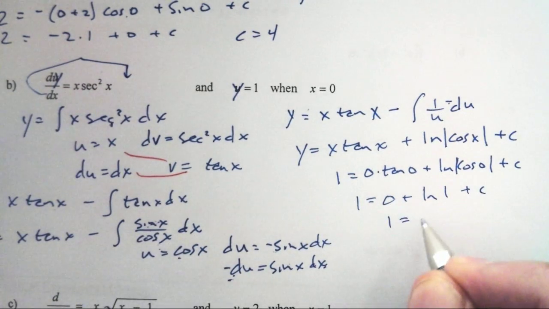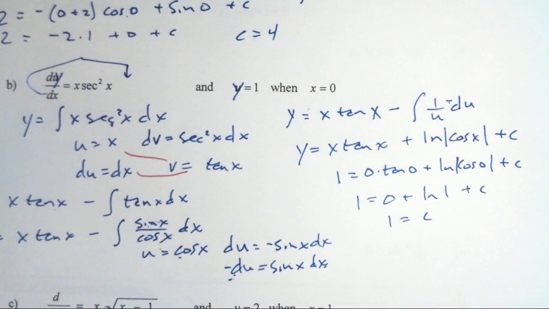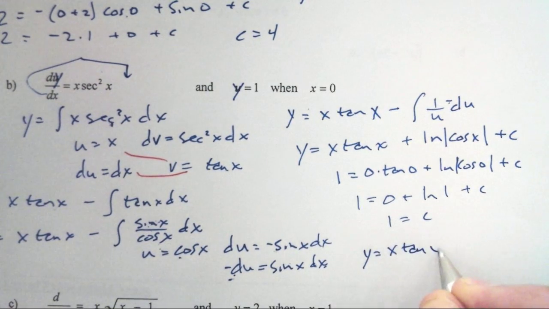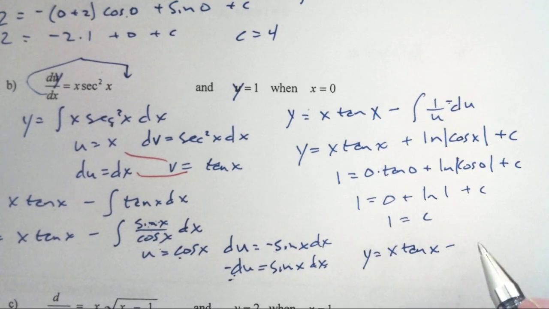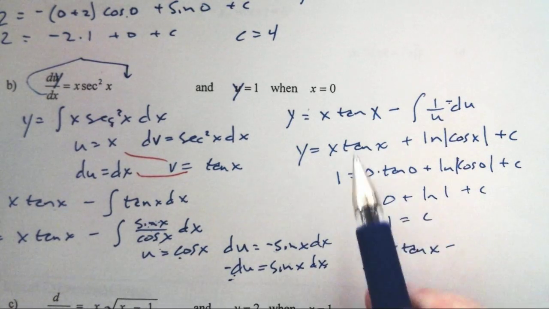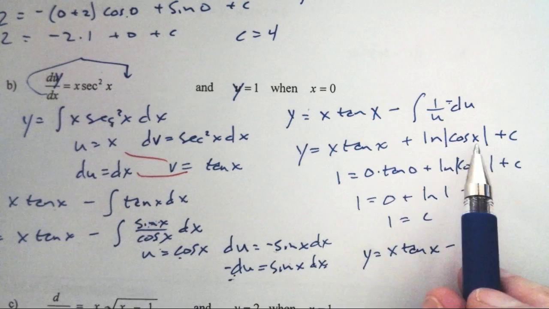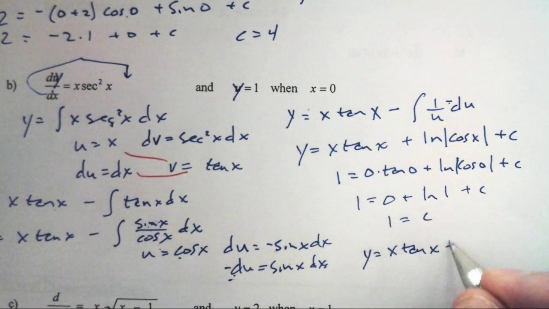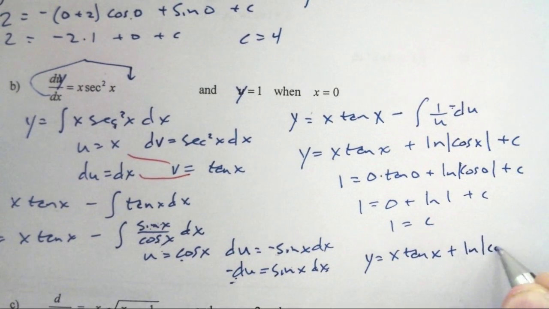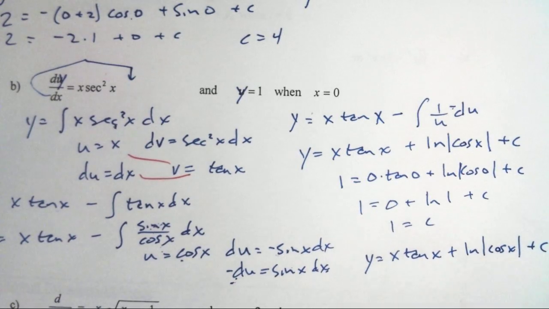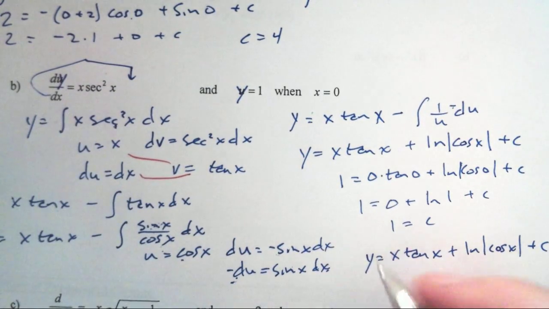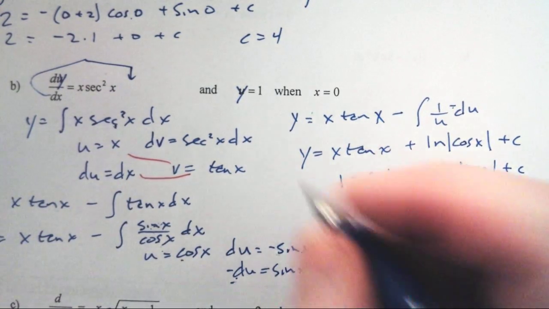So I get 1 equals c. So we end up with, final answer, finally, y is x tangent x, where am I here? Back it up. It's not minus, it's plus ln absolute value cosine of x, plus c. However, I changed y, so maybe at the end I'll come back in and turn those into u's.